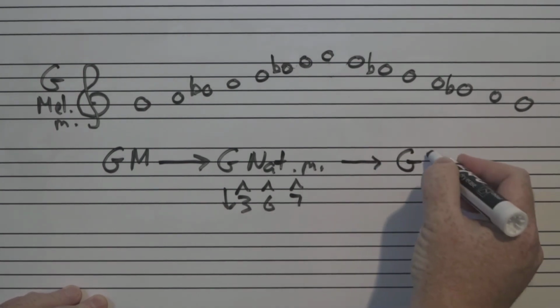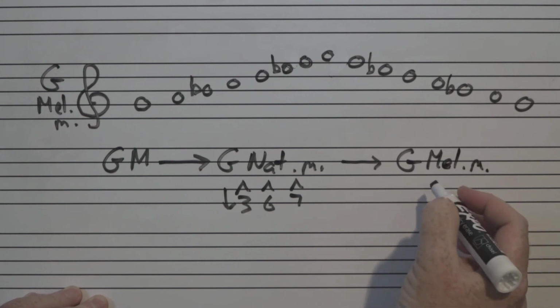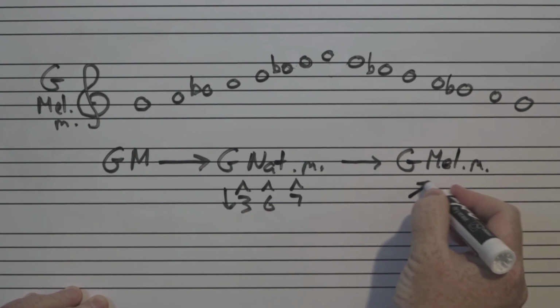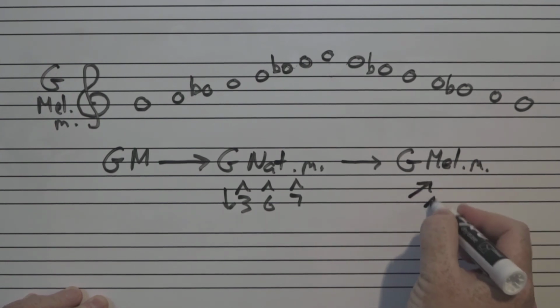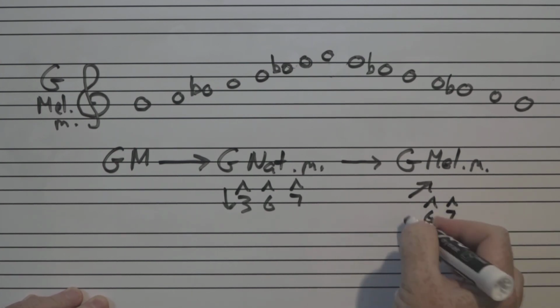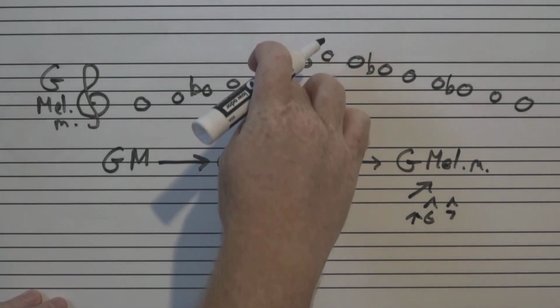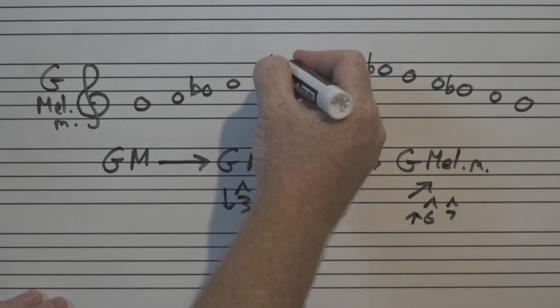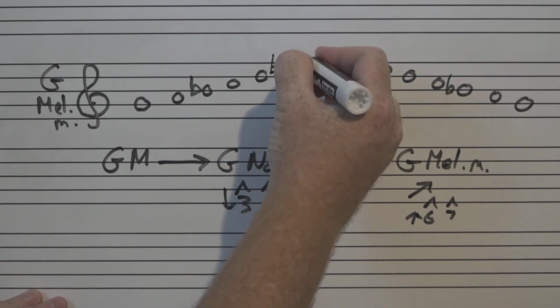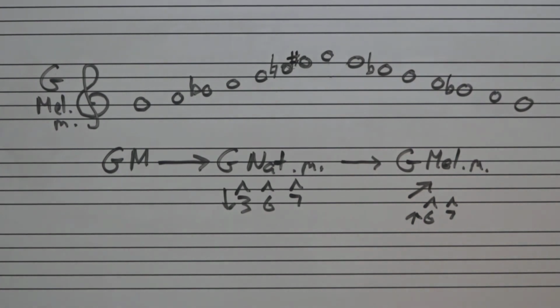Now let's make a G melodic minor. So going up, scale degree 6 and scale degree 7 are raised. So here we are, there's scale degree 6 and scale degree 7. So that becomes an E natural, and that becomes an F sharp.